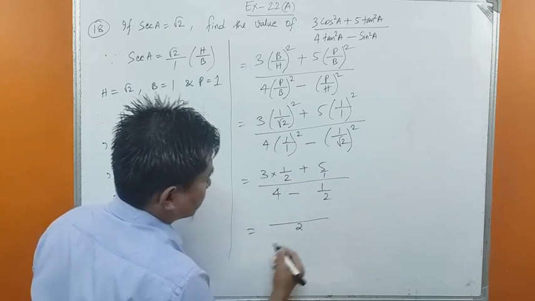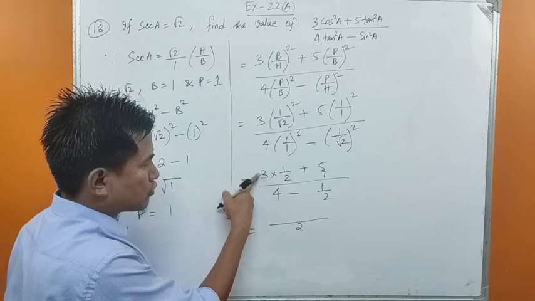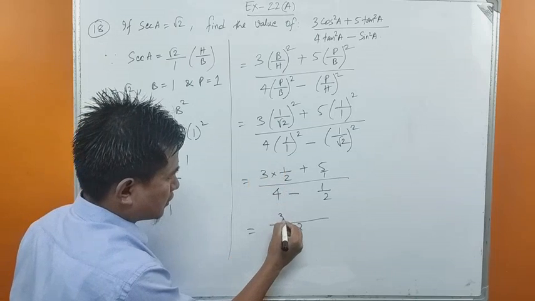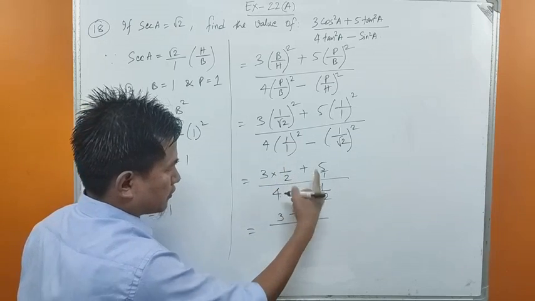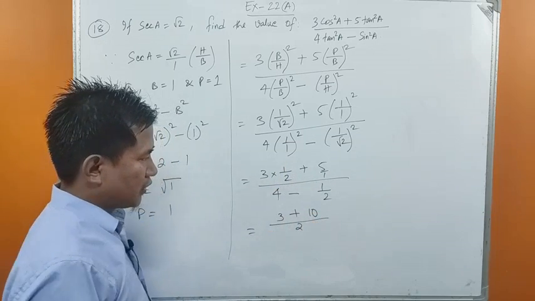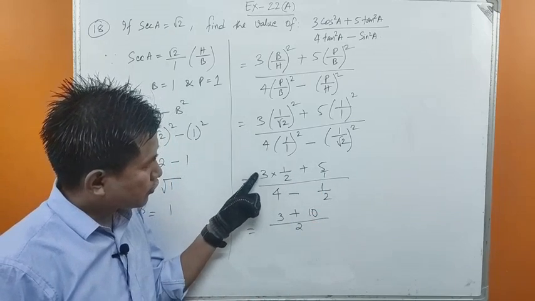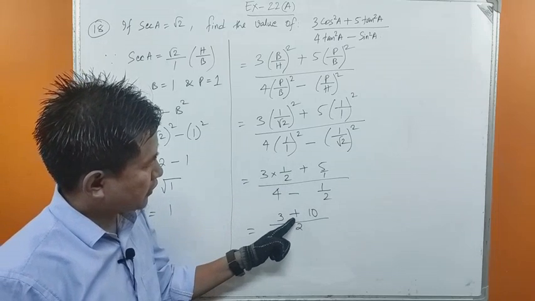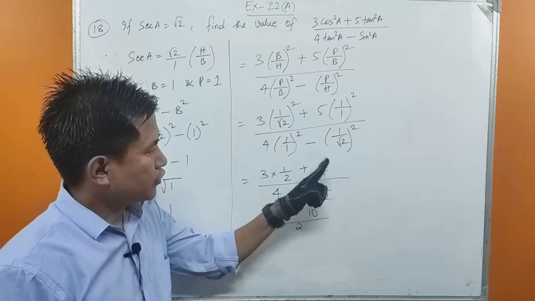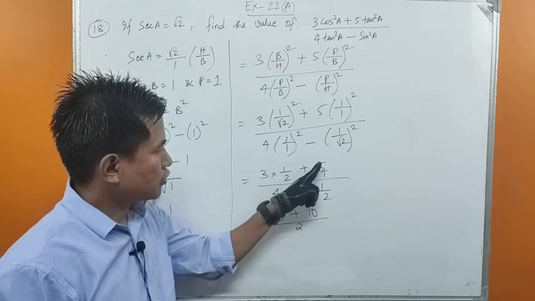So 2 ones are 2, that 1 into 3 is 3, 3 into 1 is 3. Plus 1 into 2 is 2, so 2 into 5 is 10. Are you getting me?